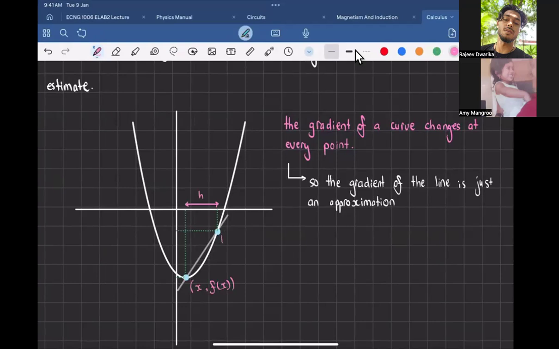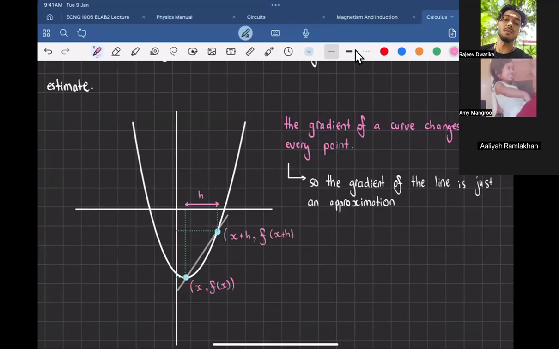And this one over here would be, if this is x, then to go to this point, you would have had to add h to it. It is x plus h. And then you plug that into the function, so that'll be x plus h comma f of x plus h.